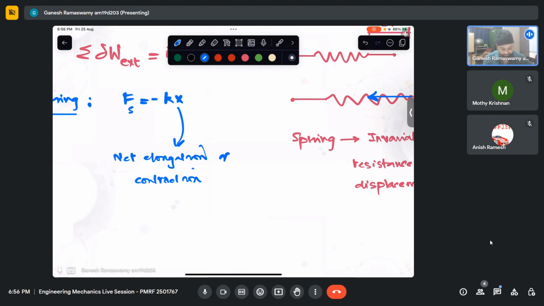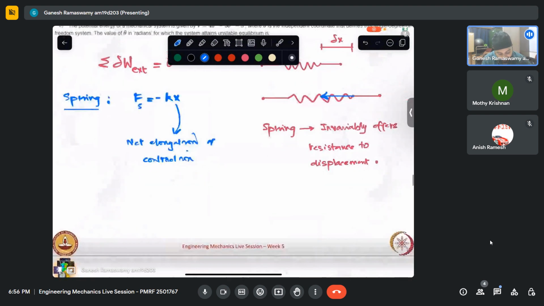So this net elongation aspect is very important because in cases we will be able to see that it is given that the unstretched length of the spring is something. So that will be our starting point. Only from there we are supposed to calculate this x.